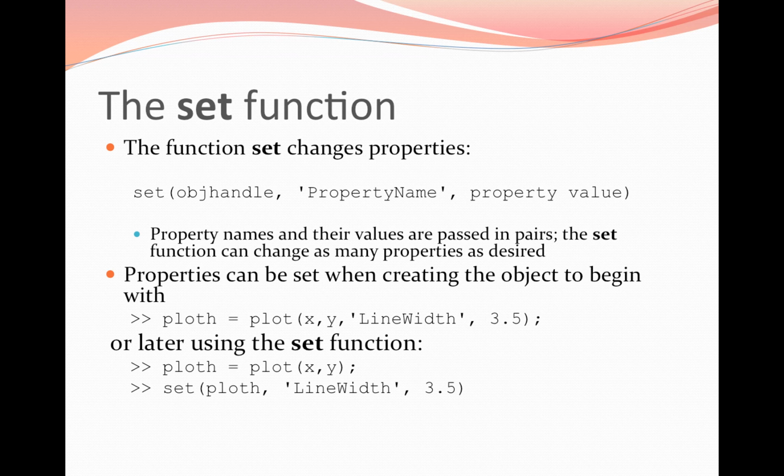For example, if we say plot x comma y comma, we can set the line width to be 3.5 instead of the default of 0.5. Or if you've stored the result from the plot in a handle variable, for example plot h, then after getting the plot you can use the set function to set the property. So you can set the property when you call the plot function to begin with, or later using the set function if you have a handle for it.